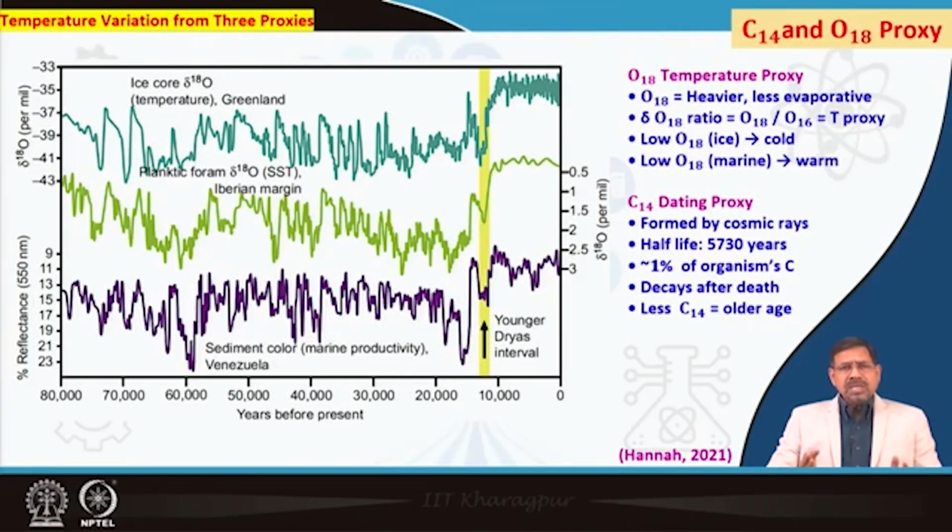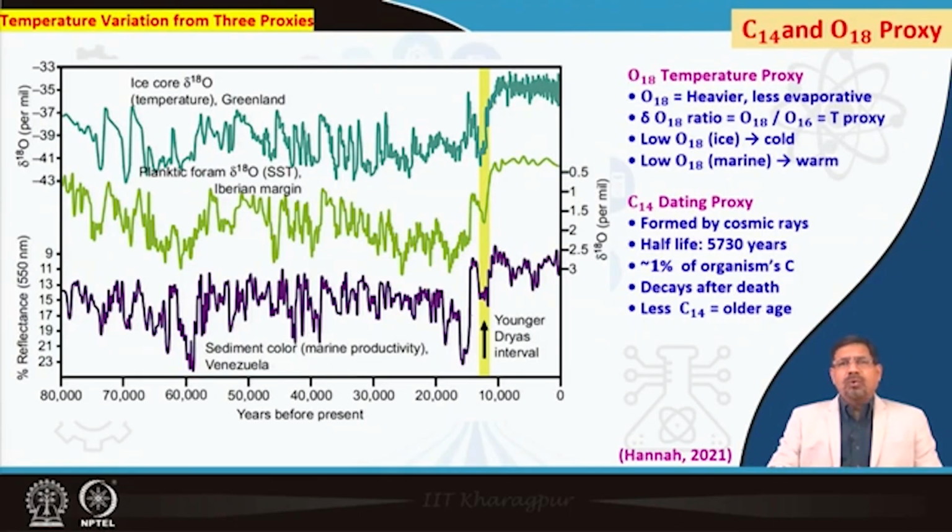So, if you see here from this percentage of reflectance, the sediment color has been picked from marine productivity studies taken from Venezuela, and this also says that the percentage of reflectance is relatively less because it is plotted from 9 to 23%, and the percent of reflectance is a little less towards the present day. So, all this in turn indicates the temperature variation.